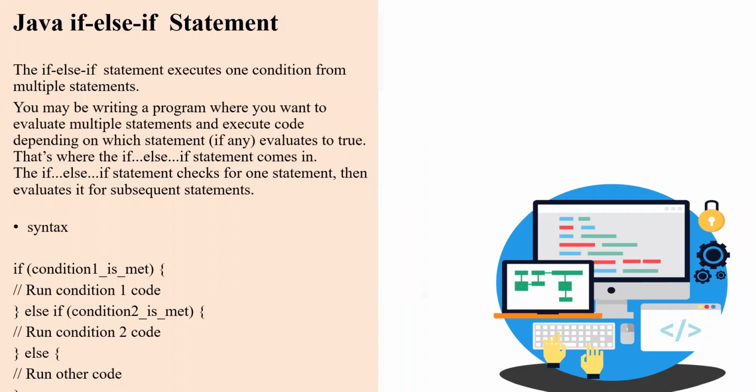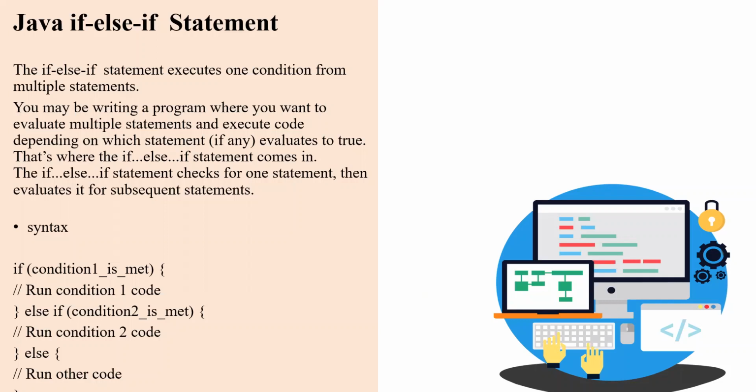Java if-else-if statement. The if-else-if statement executes one condition from multiple statements. You may write a program where you want to evaluate multiple statements and execute code depending on which statement, if any, evaluates to true. That's where the if-else-if statement comes in.